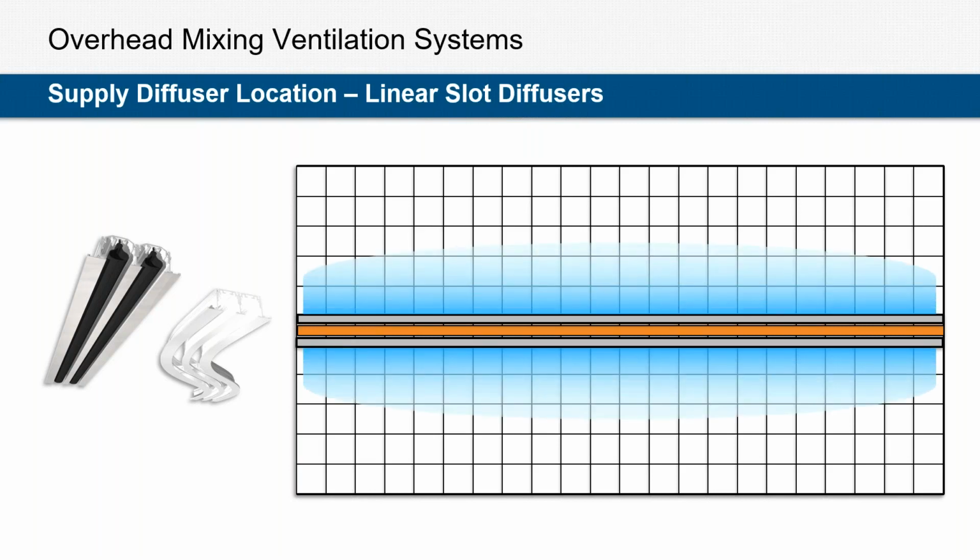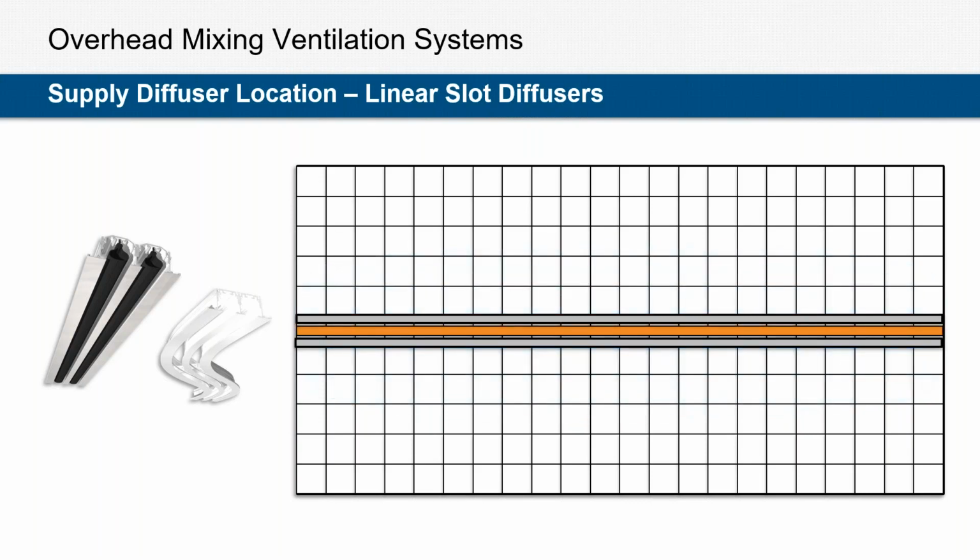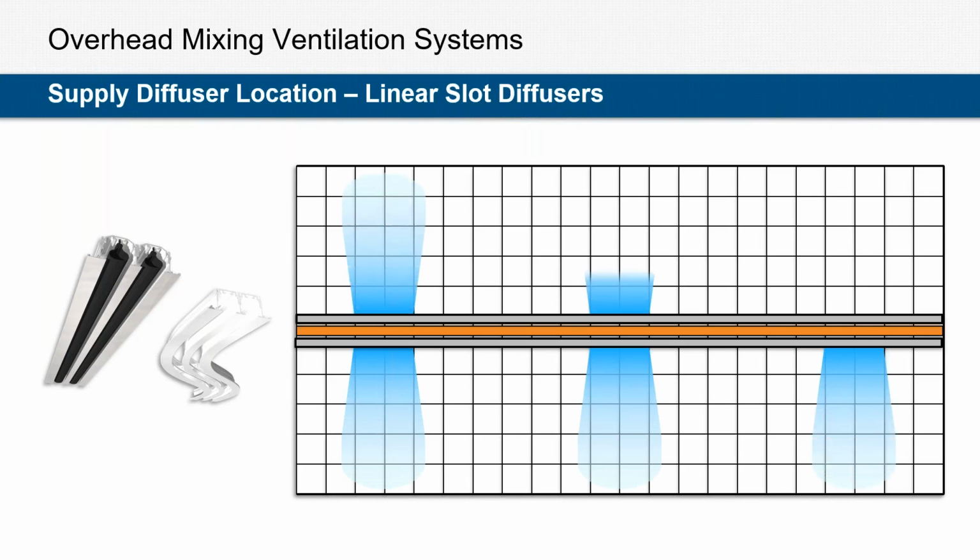But the assumption when we have linear slot diffusers is that the entire diffuser is going to be active and that it will all supply air, which is not the case. In fact, we can blank off sections of this diffuser. So it looks like one continuous run, but sections of it would be blanked off. This allows us to provide smaller sections of diffuser with longer throws that can help us with our mixing.